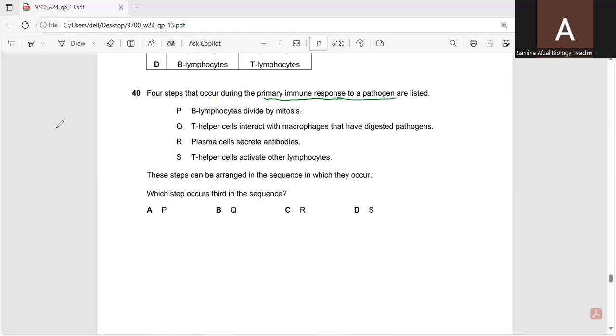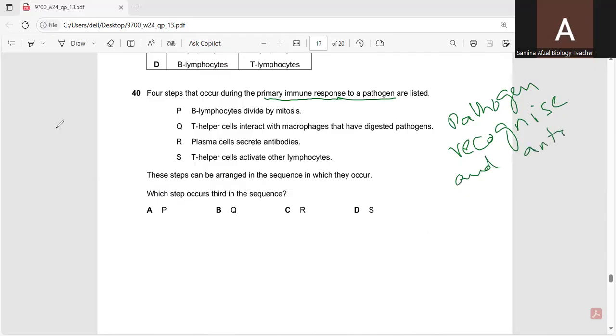The process of primary response starts when pathogens are recognized and antigen presentation takes place. Then the T helper cells interact with macrophages that have digested pathogens.